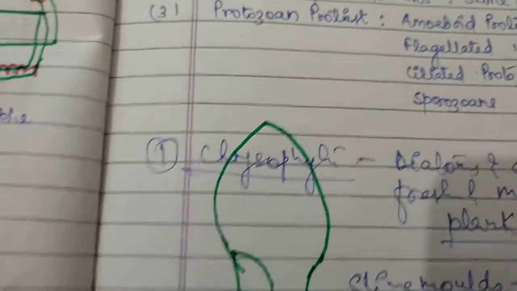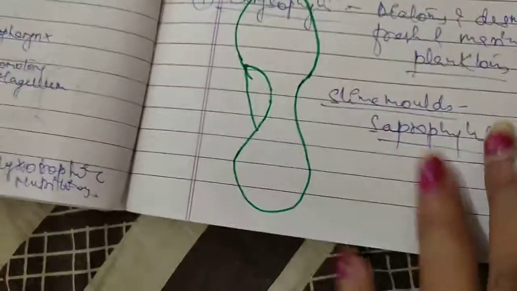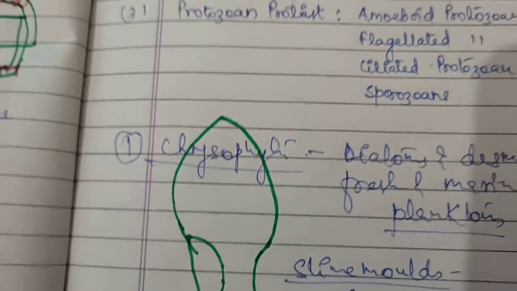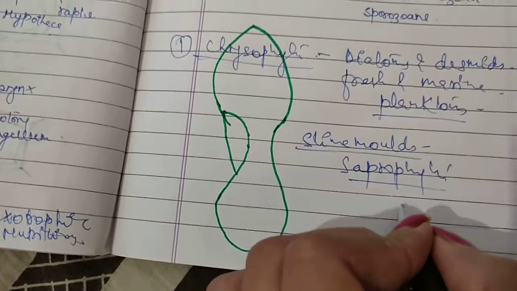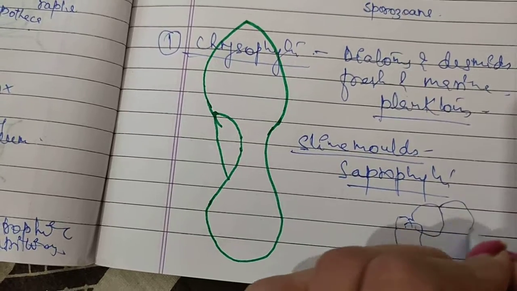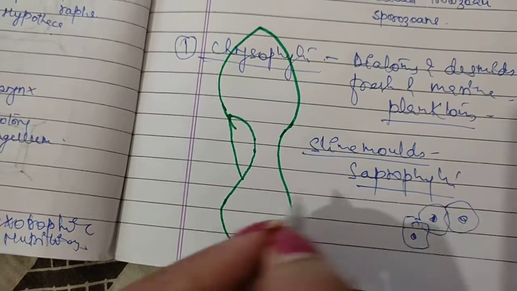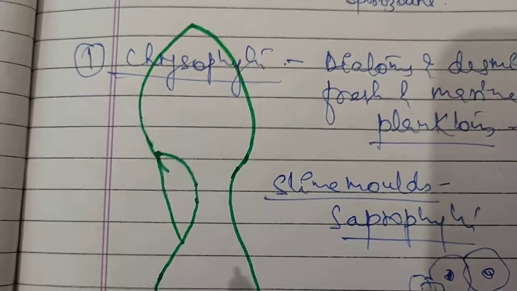The body moves along decaying twigs and leaves, and they engulf organic matter, and under suitable conditions they form an aggregation called plasmodium, whenever the condition is suitable for them.